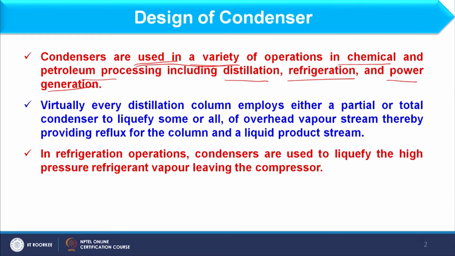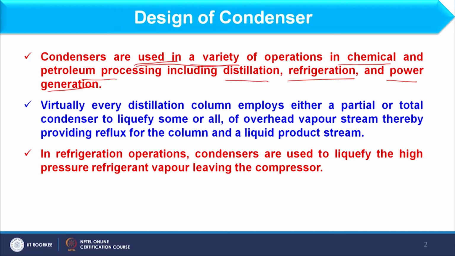A total condenser condenses the complete vapor entering it, and in that case the reflux as well as the top product of the distillation column are both in liquid phase. So we consider that a total condenser, and if I want the product as vapor we consider a partial condenser. I hope you understand the difference between the two.